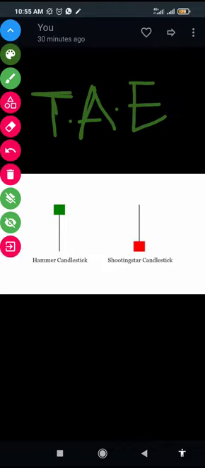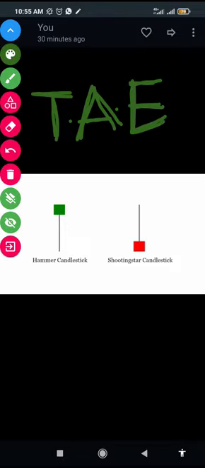This T stands for trend. The A here stands for area of value. Then the E here stands for entry trigger. But first, we'll be looking into entry triggers. Then later we'll come back to trend.